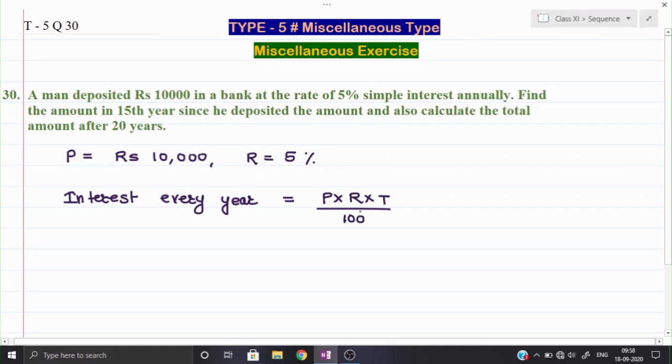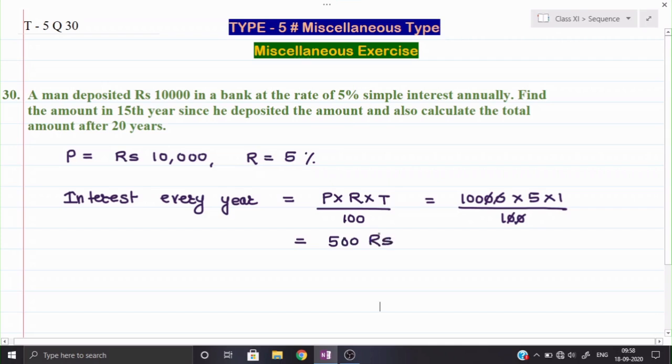Put the value of P, that is given as 10,000 into 5 into 1 upon 100. Two zeros are cancelled. So we get the interest each and every year, it is coming 500 rupees.